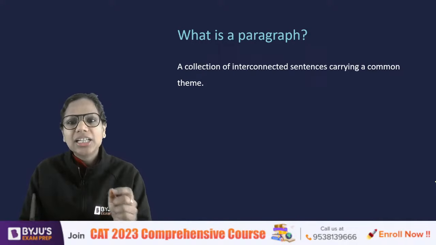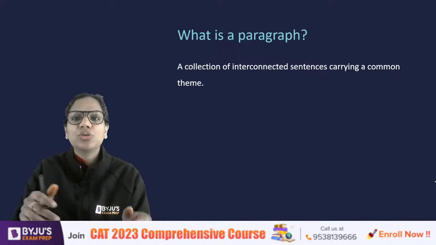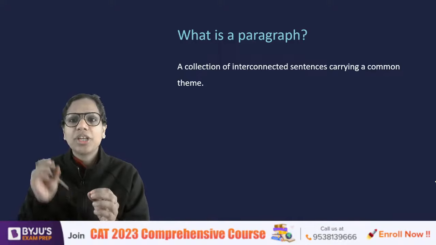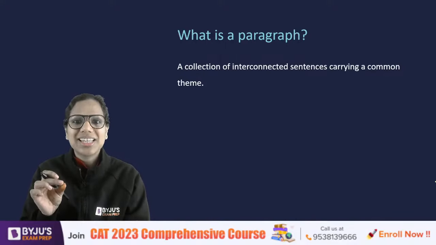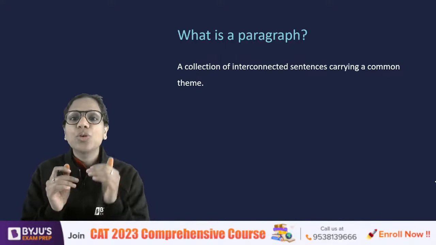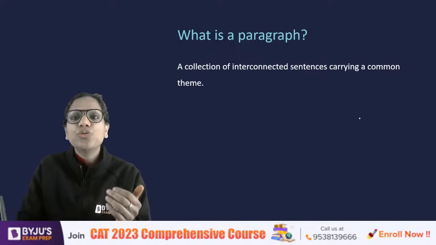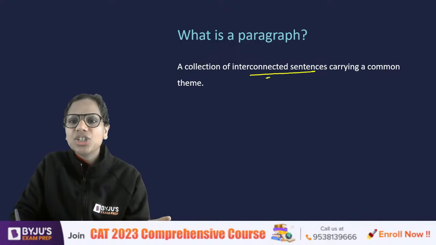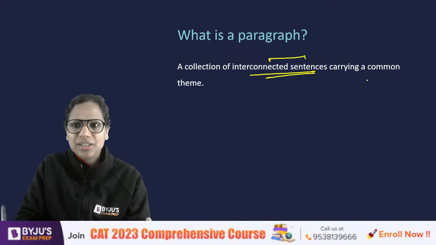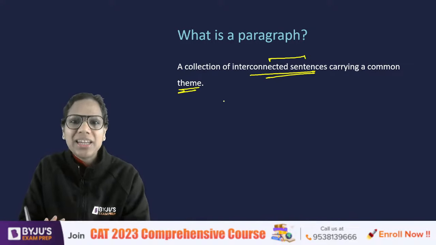Right. So understanding this is crucial because when you're trying to attempt a question where you are trying to plug a sentence in a paragraph or decide which sentence fits in the paragraph, you first need to know what relationship the various sentences carry. What is the common theme of the paragraph?